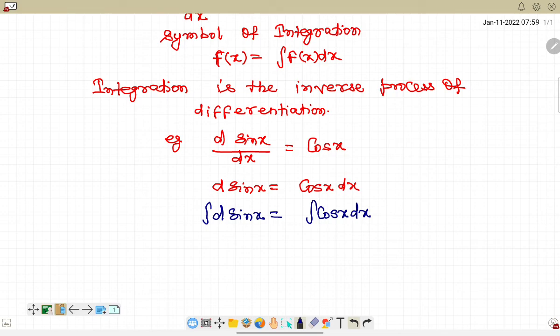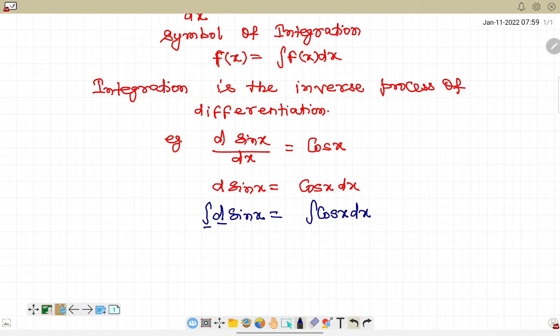Now we can check this. The symbol of integration means step by step we add small particles. This d shows a small particle and this symbol shows the summation of all of them. So always remember, the symbol of integration and d can cancel each other.